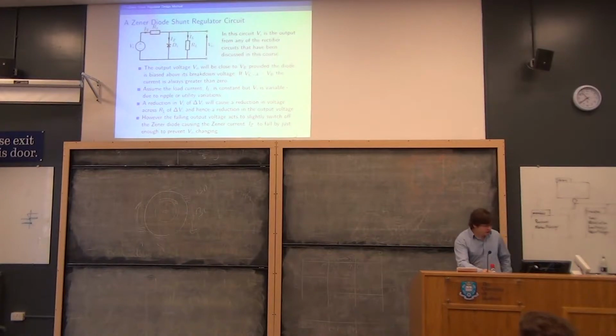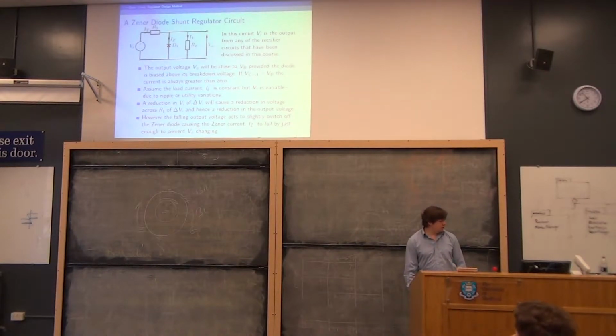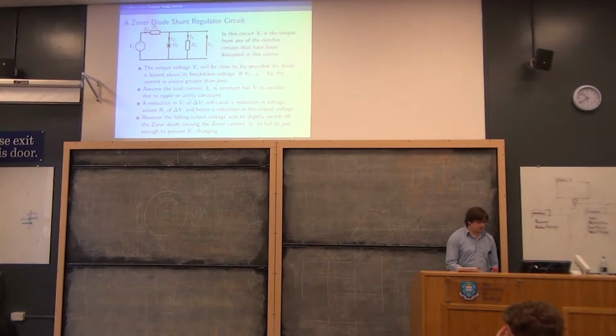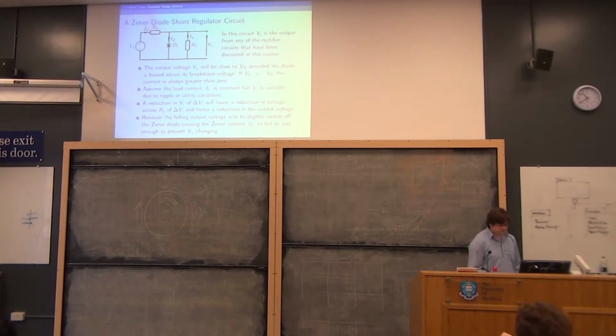So a slight reduction in VI, we'll call it delta VI, will cause a reduction in the voltage across R1 of delta VI, and hence a reduction in the output voltage.